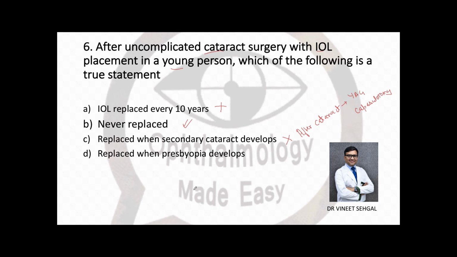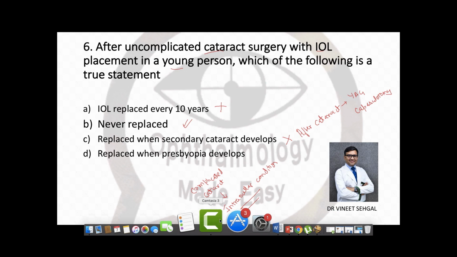Remember a term that is also called complicated cataract. The complicated cataract is the cataract that develops due to intraocular conditions like retinitis pigmentosa, uveitis. So these are called complicated cataract.